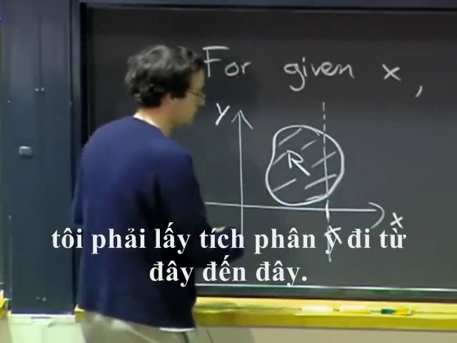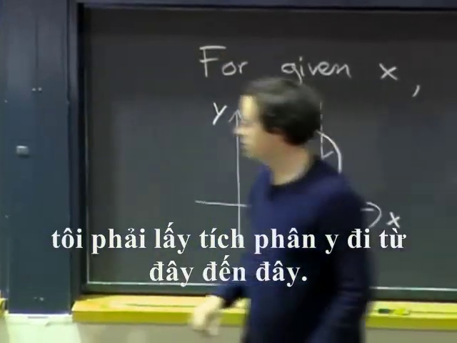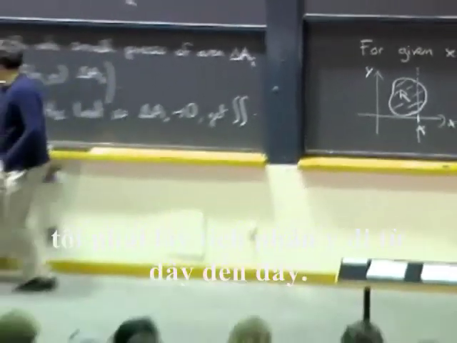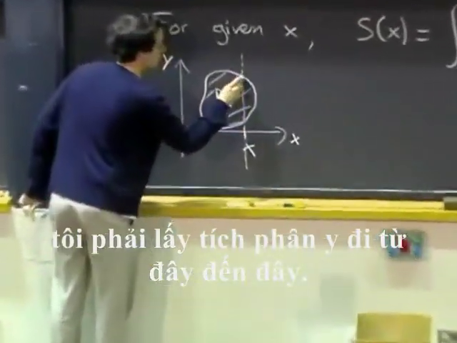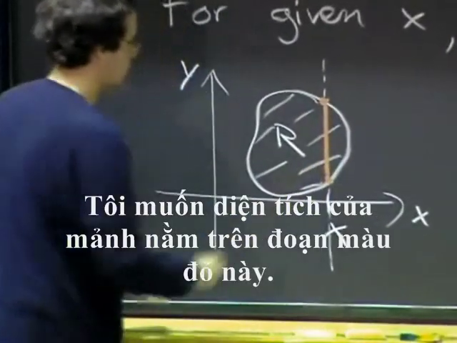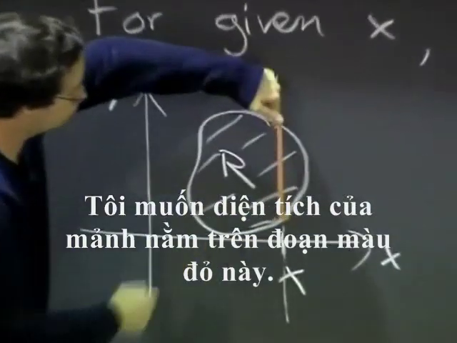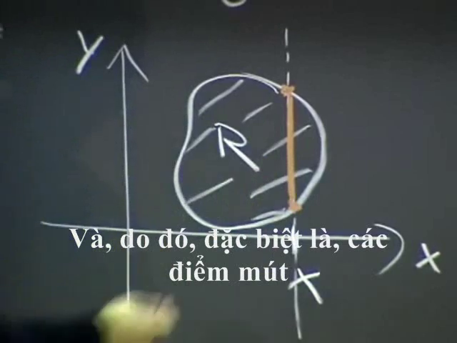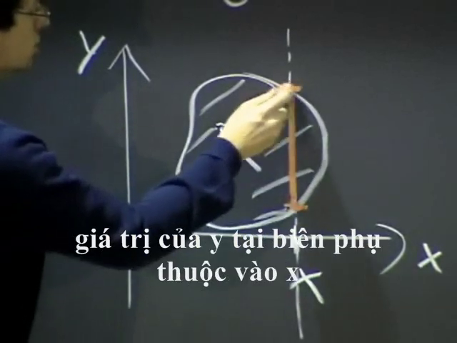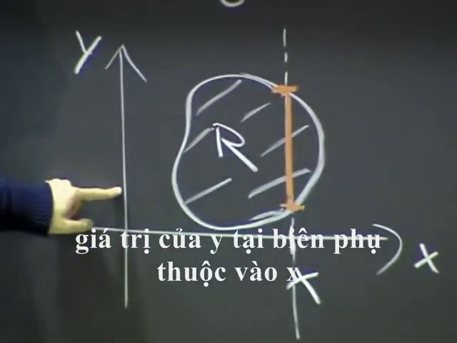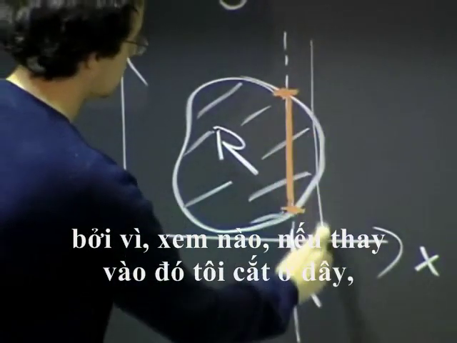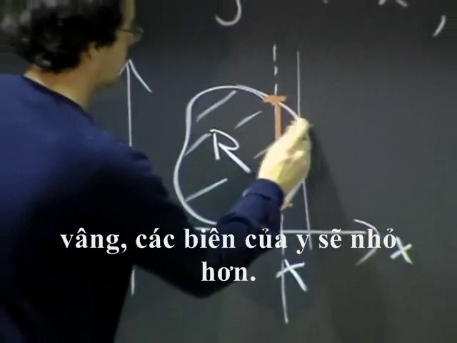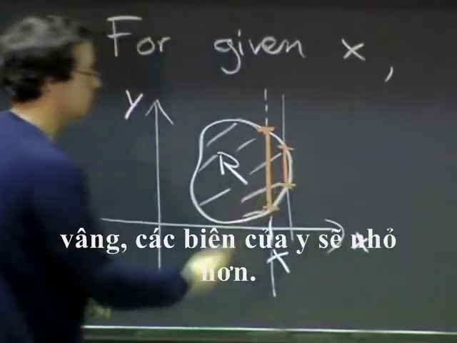To do that, I have to integrate from y going from here to here. I want the area of a piece that sits above this red segment. And so in particular, the extreme values for y depend on x. Because if I slice here instead, my bounds for y will be smaller.